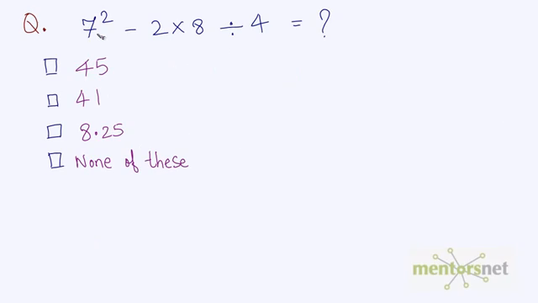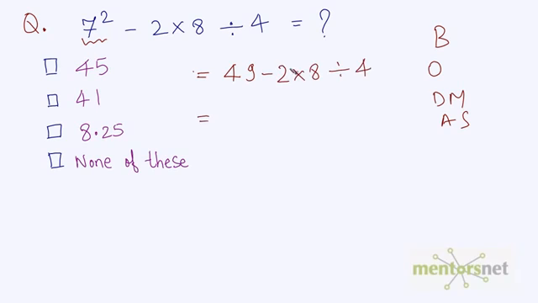What could be the answer of this question? So again it's simple. We know the priority and we'll just have to solve this according to the BODMAS rule. In this expression we have an exponentiation operation, that is 'of'. So we'll first solve this. So this is equal to 7 square is 49. Other terms are as they are.